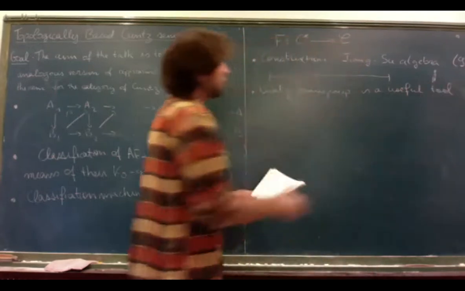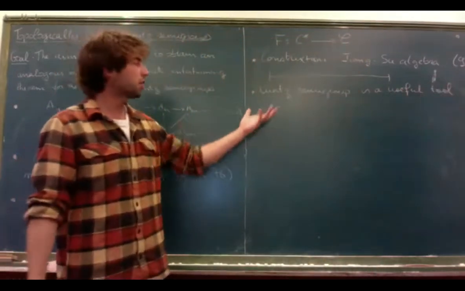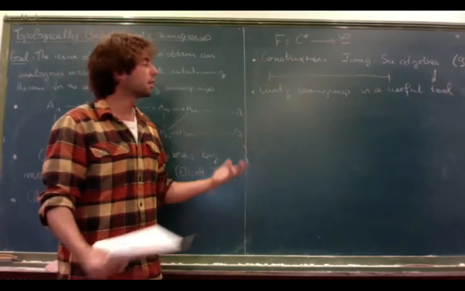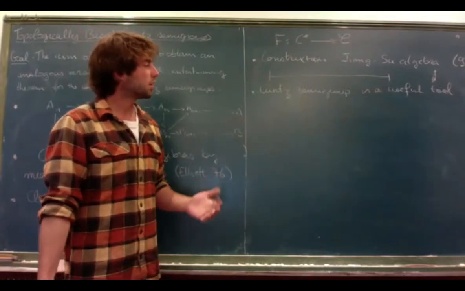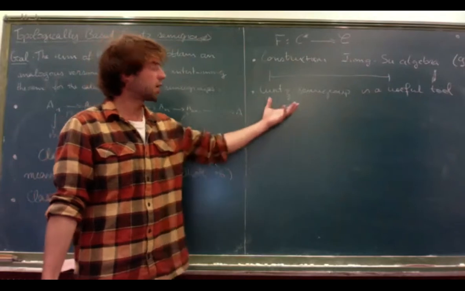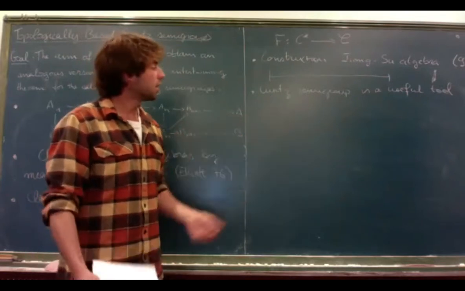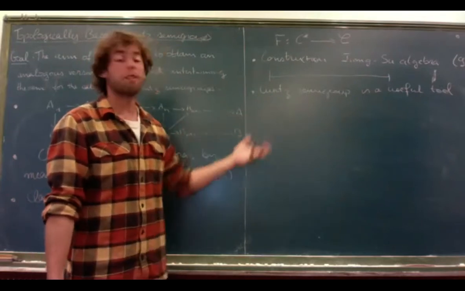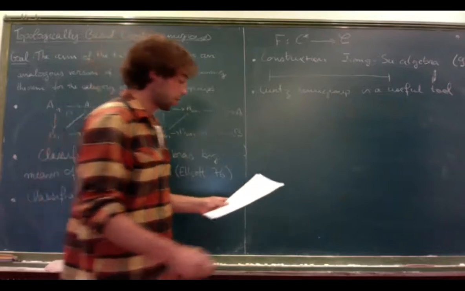But unfortunately, for one part, it's really hard to compute, and it's only since 10 or 20 years that it arises as indeed a good invariant for classification of C-star algebras.